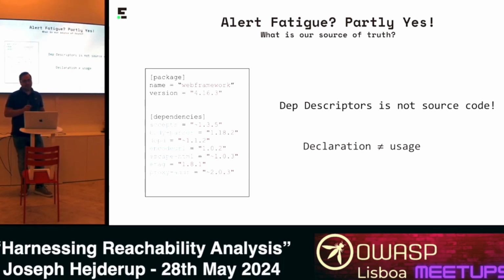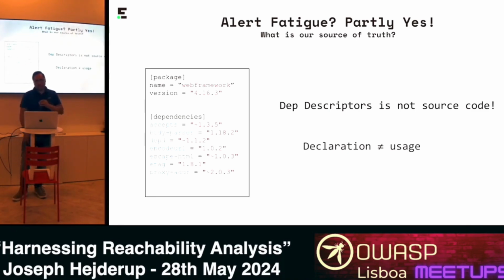It doesn't really look into how we are actually using these dependencies. You can easily import a library, or not even import it, and still it will raise the alert that it's a vulnerable or problematic one. And imagine having to attend to all these types of alerts, that will make you pretty tired in general.